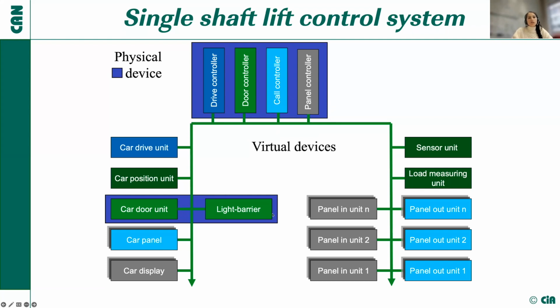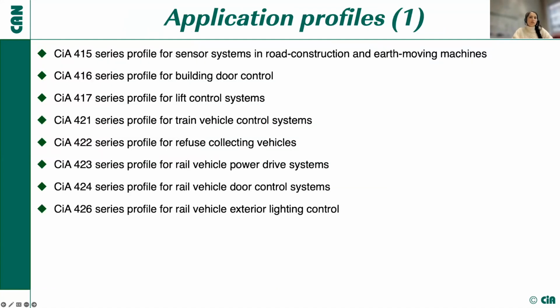You can define these functional units in your software, and I can say these virtual devices or functional units are considered more or less software pieces that allow you to interact between internal devices.